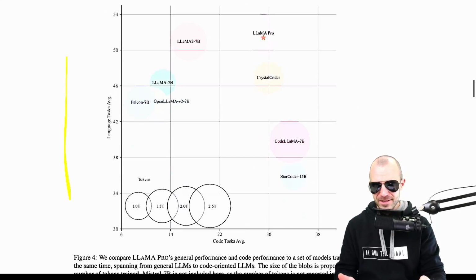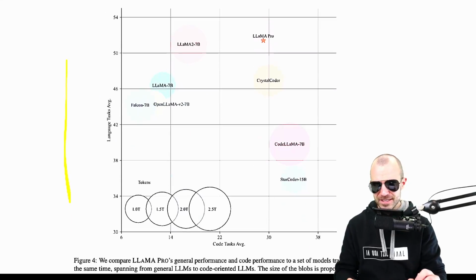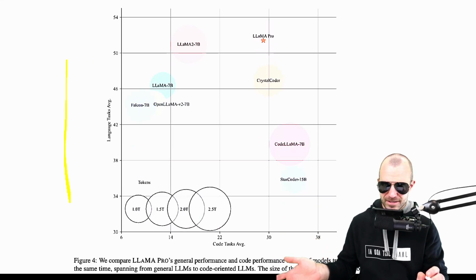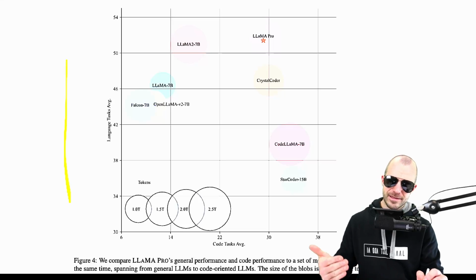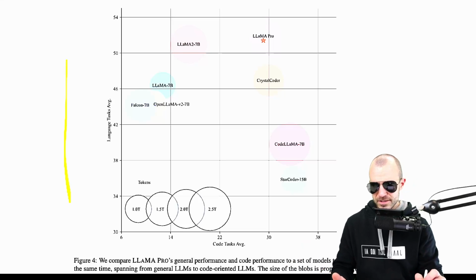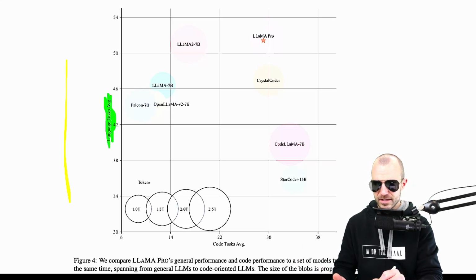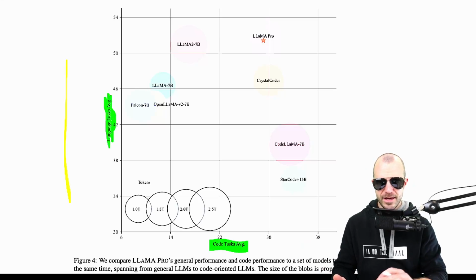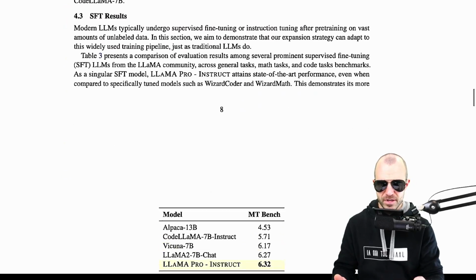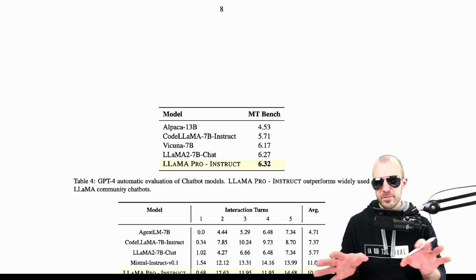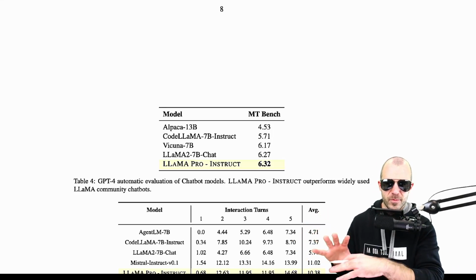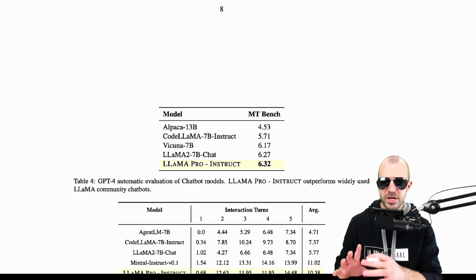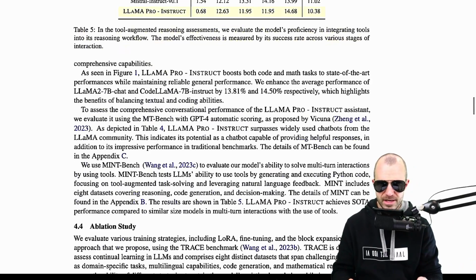Yeah, so the result I've already shown you. You can see they're good at code tasks. They're good at language tasks as well. So here are language tasks, here are code tasks, and their whole point is we can do it all without being weak anywhere, so we've successfully taken LLaMA and expanded its domain of knowledge into these new areas.